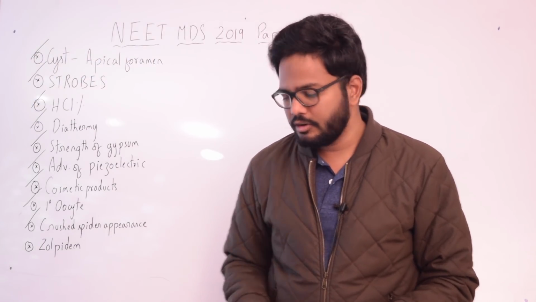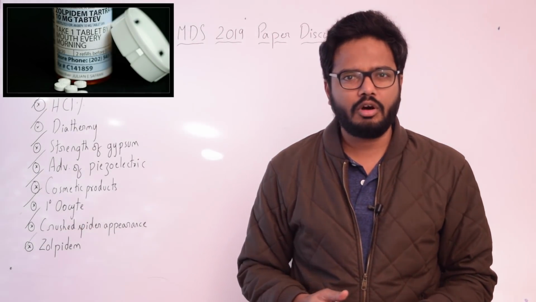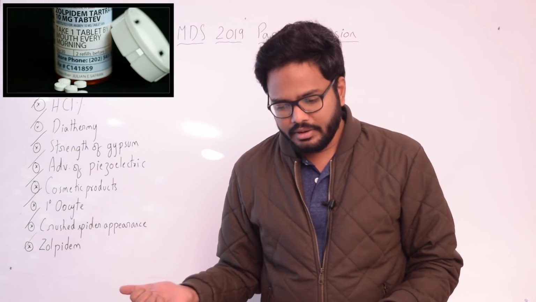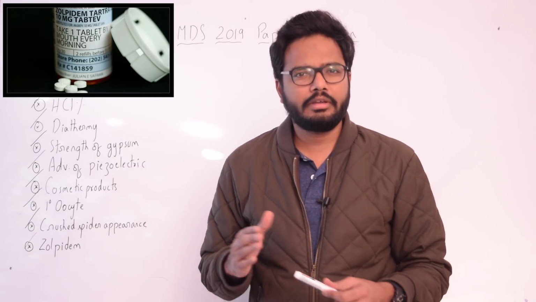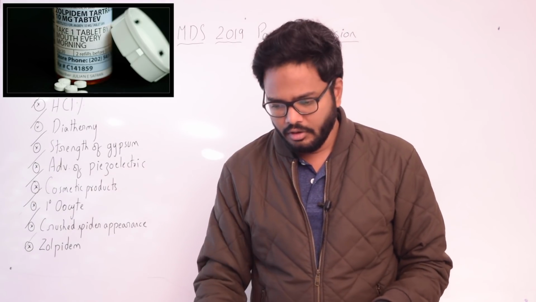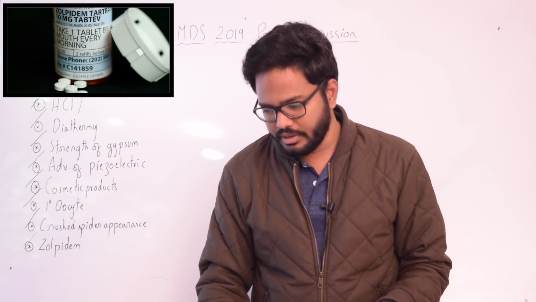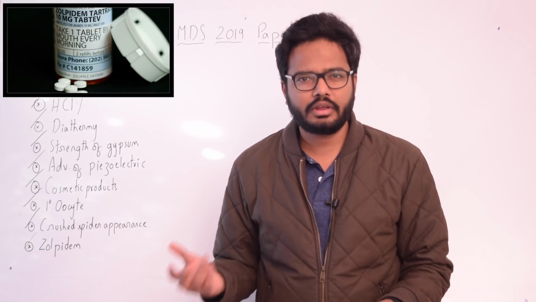Now moving on to the final topic, zolpidem. Is it used as a hypnotic or antidepressant? First of all, zolpidem and zopiclone fall under the category of non-benzodiazepine hypnotics, right? Non-benzodiazepine hypnotics such as zopiclone and zolpidem are used as hypnotic agents.